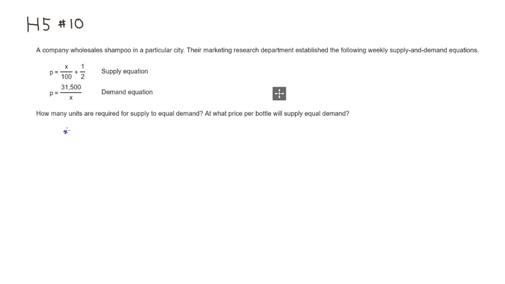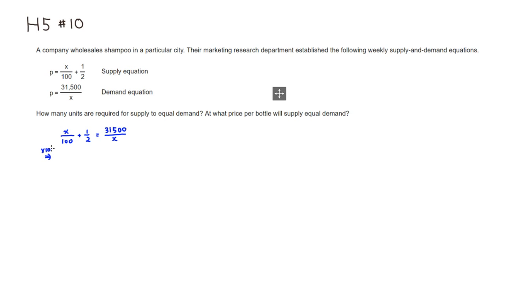So you have x over 100 plus 1/2 is equal to 31,500 over x. The first thing is, I don't like having a fraction here, so I'm going to multiply through by 100.